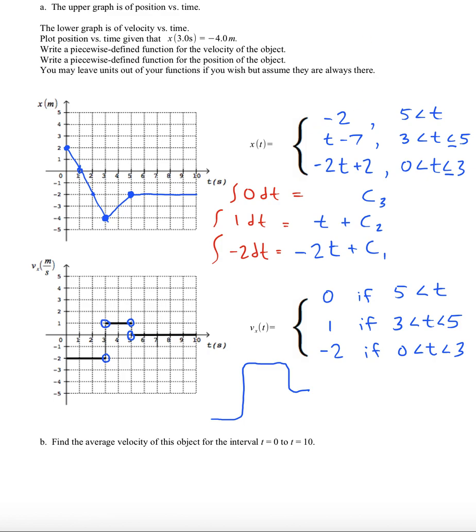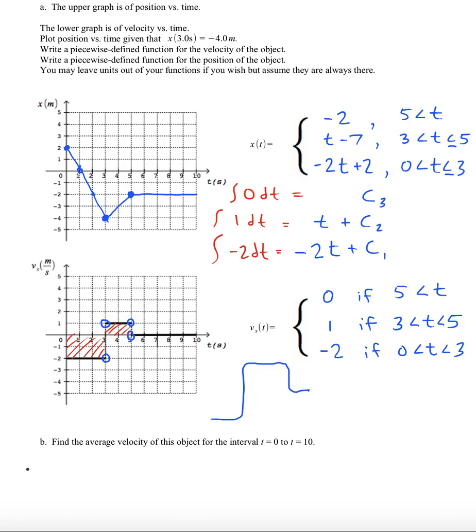Lastly, it wants us to find the average velocity of the object from t equals 0 to t equals 10. So for this, it's helpful to shade in our areas. Areas below the time axis will be considered negative, and areas above it will be positive.